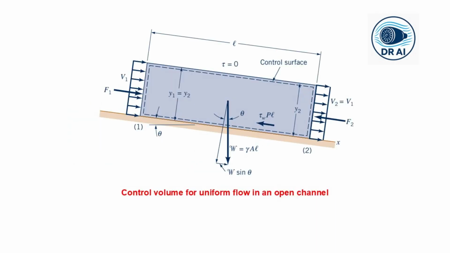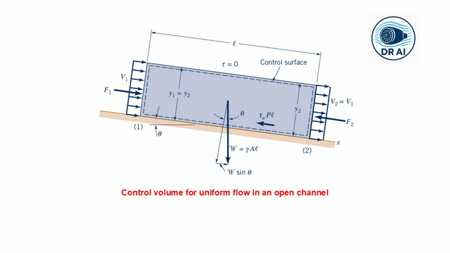So today we have covered the workhorse of open channel hydraulics, which is uniform flow. We have seen that it represents a perfect balance between gravity and friction. We have also introduced the Manning equation, which lets us calculate the velocity and the flow rate for a given channel. We have also learned how to handle composite roughness and even how to optimize the channel's shape for maximum efficiency.